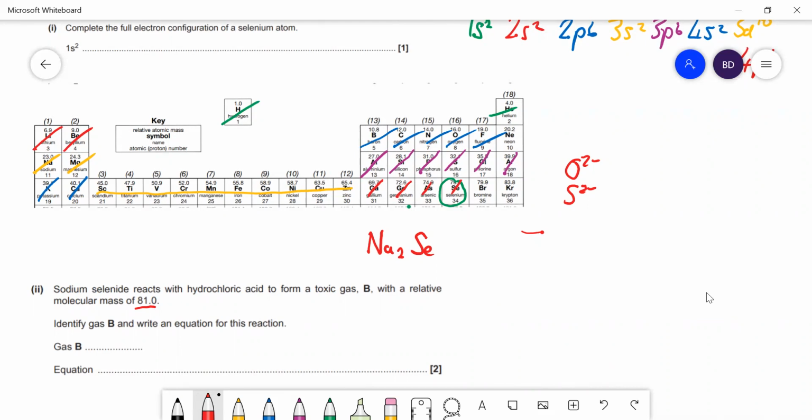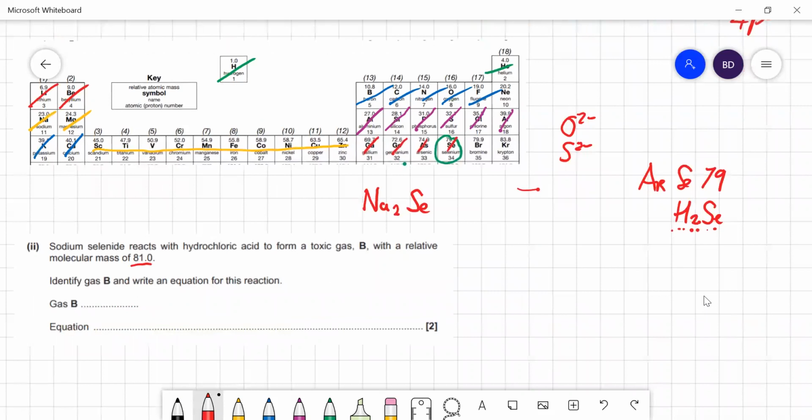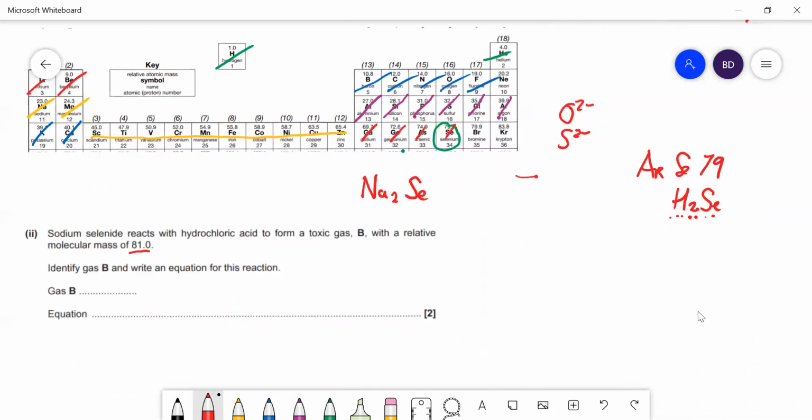It's a bit odd because I've written over, but the atomic mass of selenium is actually 79. So probably this toxic gas of 81 is H2Se, which would be analogous to H2O and H2S. It's a gas though. I didn't know that was poisonous, but apparently it is, but that's a sensible suggestion.